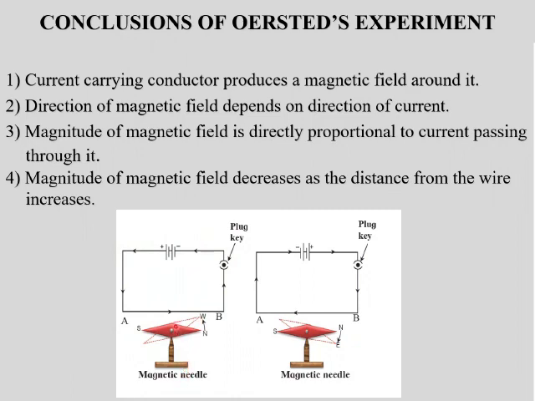So as the distance from the conducting wire goes on increasing, we will find that the deflection goes on decreasing. So the magnitude or the strength of the magnetic field decreases as the distance from the wire increases. So these were the four main conclusions of Ørsted's experiment.